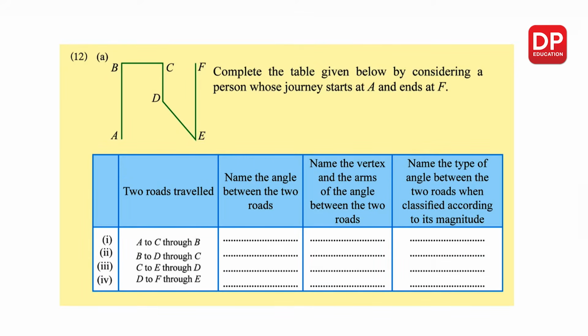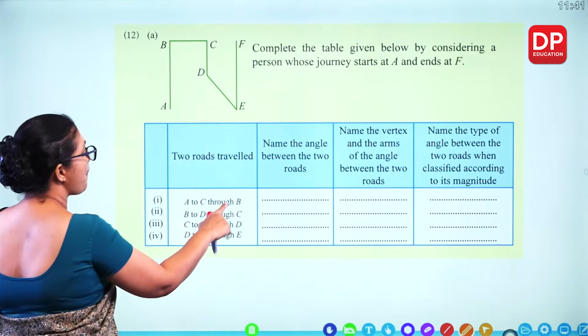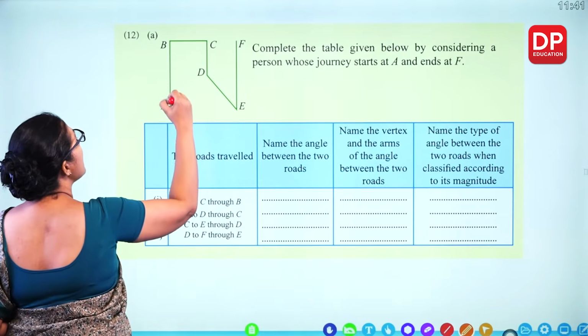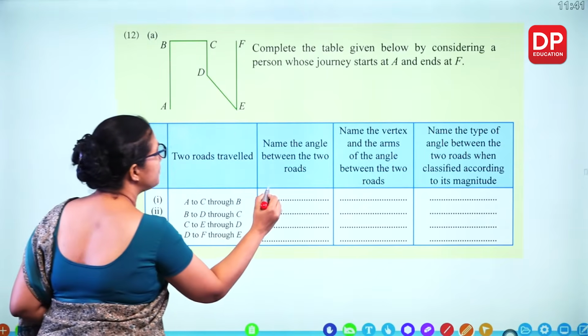Look at question number 12. Complete the table given below by considering a person whose journey starts at A and ends at F. Two roads traveled, A to C through B, here to here. Name the angle between the two roads: ABC.